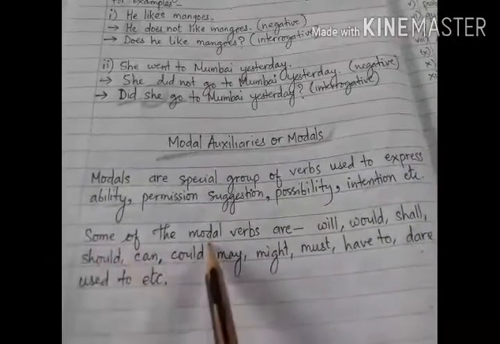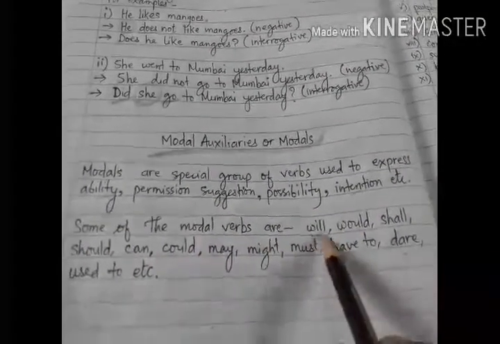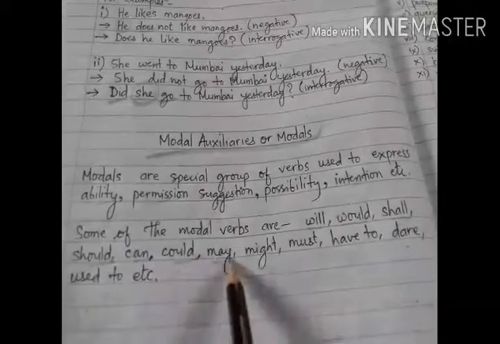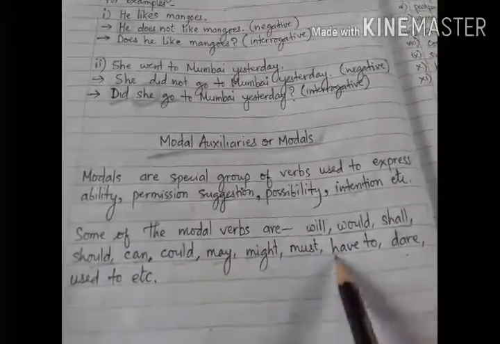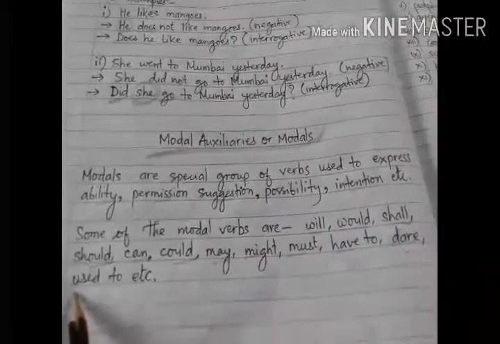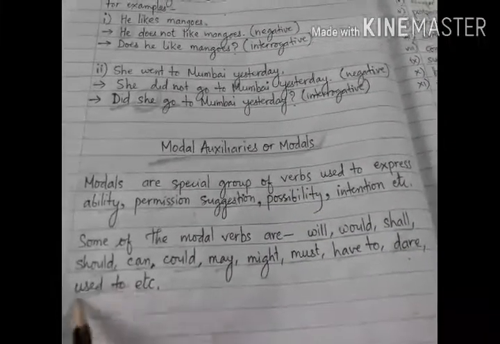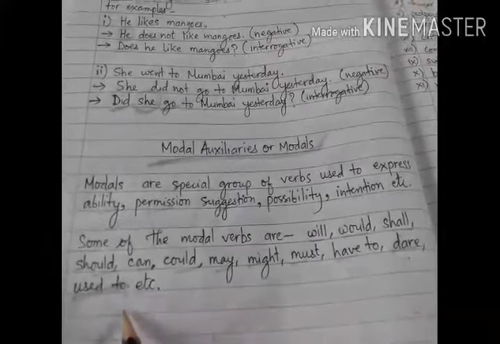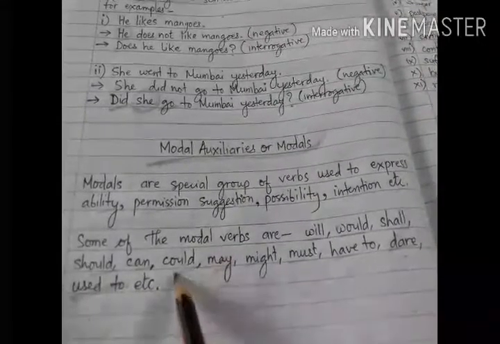So some of the modal verbs are will, would, shall, should, can, could, may, might, must, have to, dare, used to. So these are the modal auxiliaries. We have more modal auxiliaries, but here we have mentioned this much only.